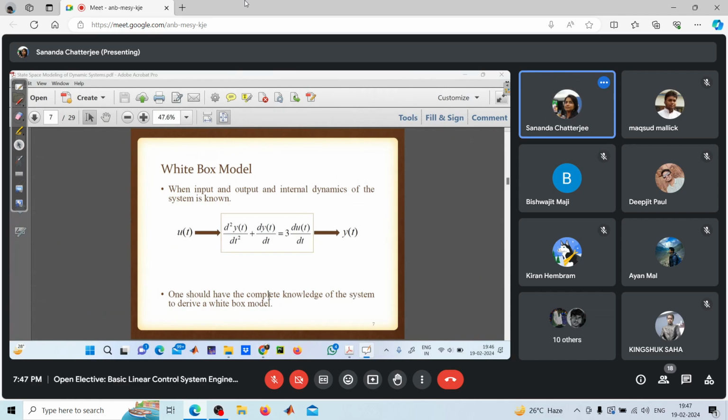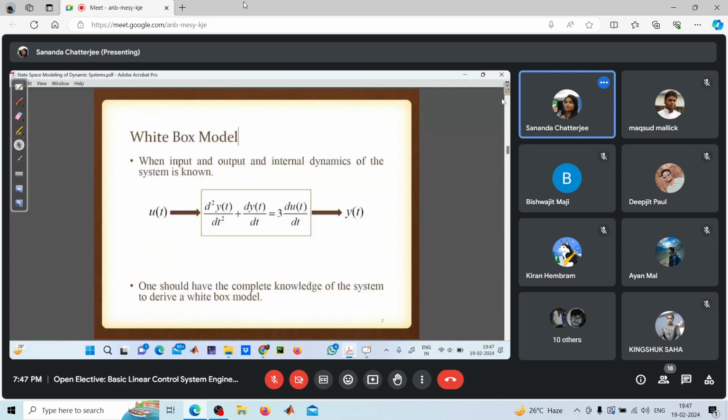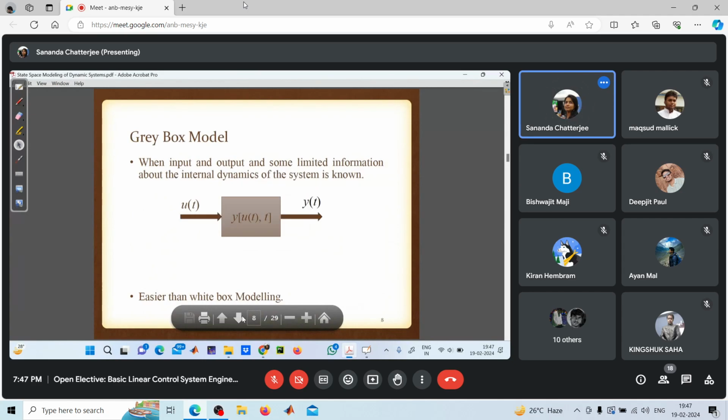Another one is a gray box model, where we know some of the properties of the system and the input and output to the system, some limited information about the system, that is, about the thing inside the box.